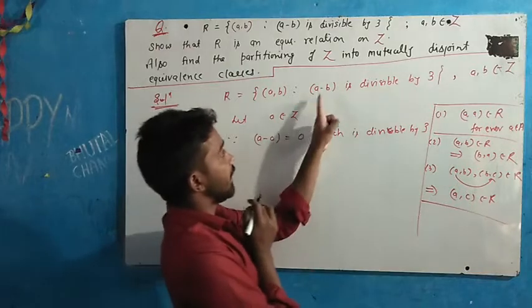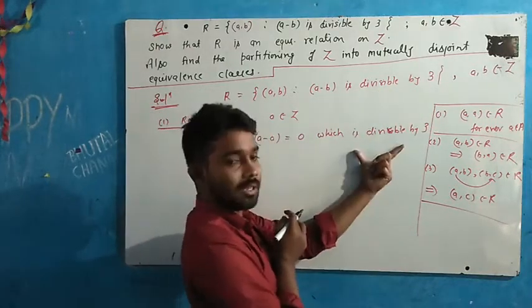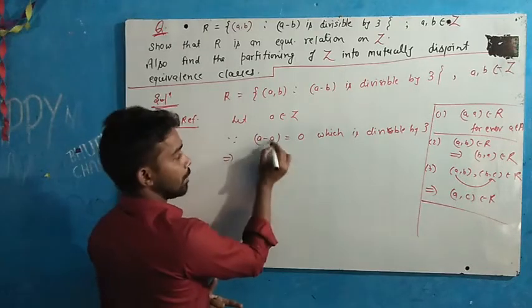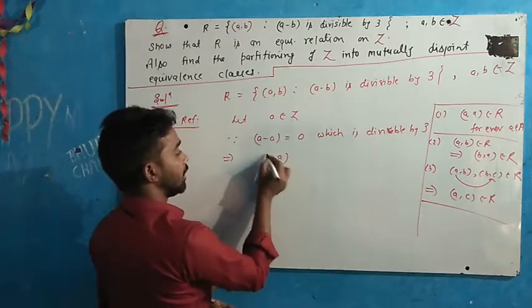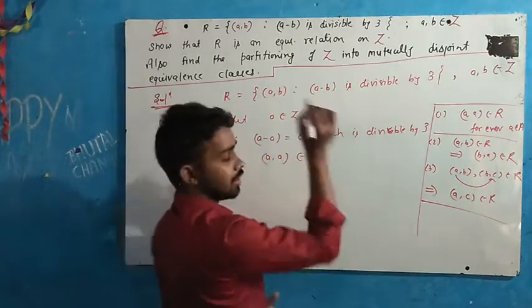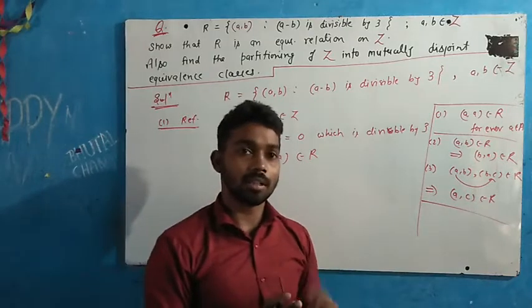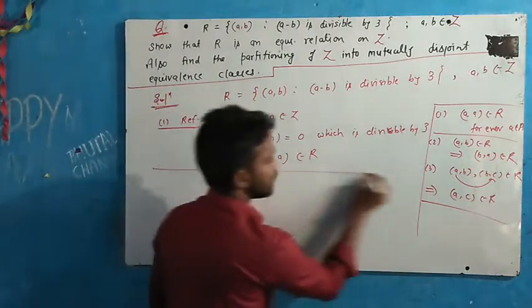Listen, a minus a is divisible by 3. This is true because 0 is divisible by 3. So this implies that these two numbers (a, a), as here (a, b), must belong to R. Hence this relation R is reflexive.